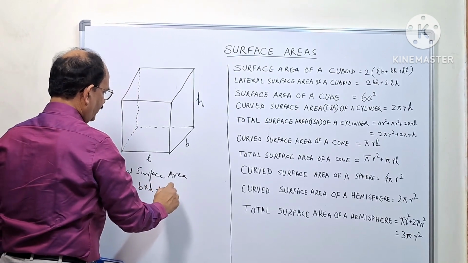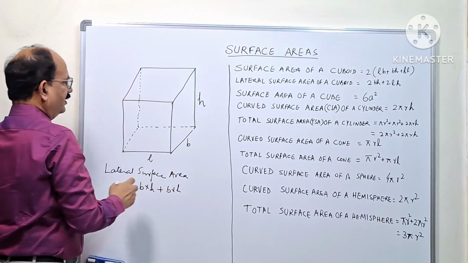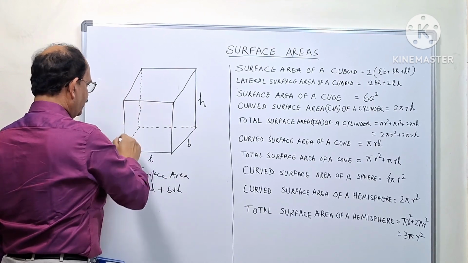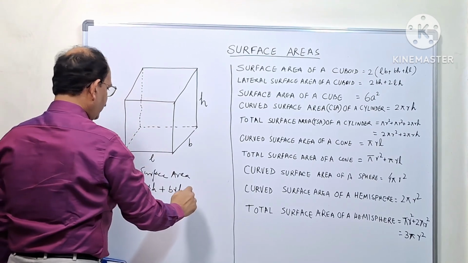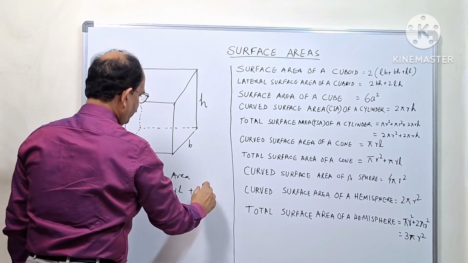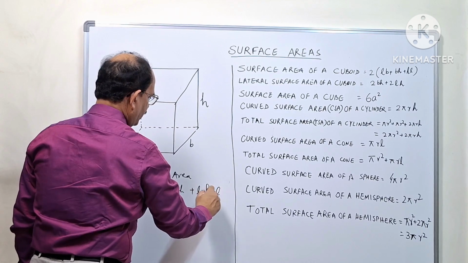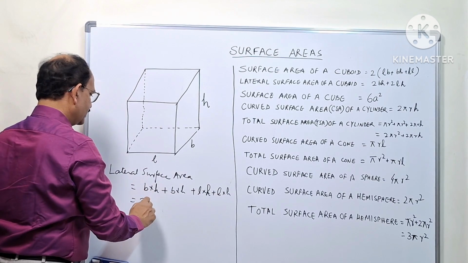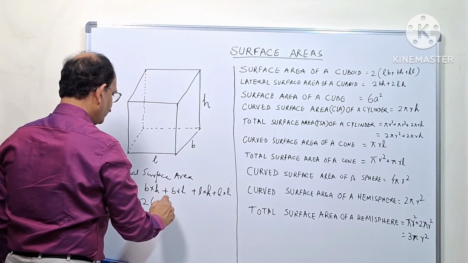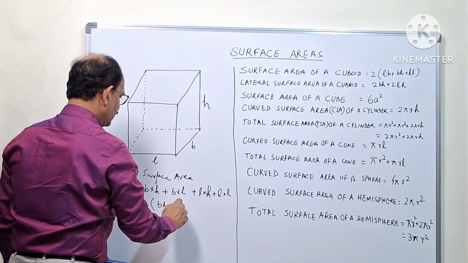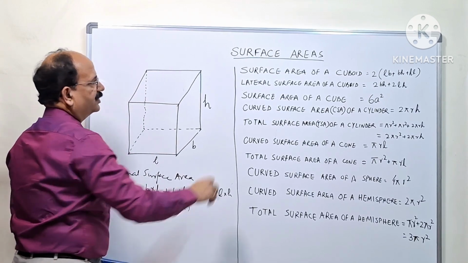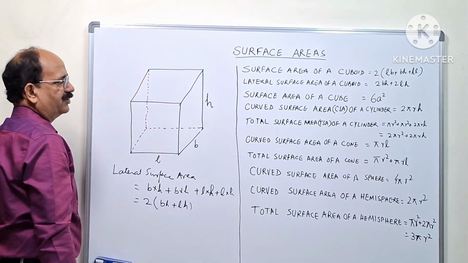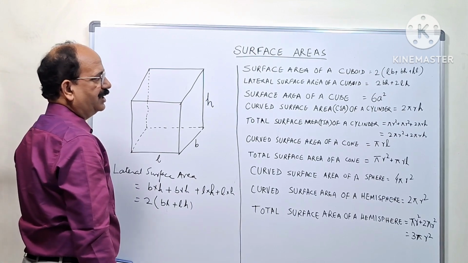So because there are 2 faces, there will be 2 areas involved. Likewise, this L into H, this front face, and correspondingly the back face. So L into H plus L into H. And therefore lateral surface area will be 2B into H plus L into H. That is how you get the lateral surface area of the cuboid, which is 2BH plus 2LH.